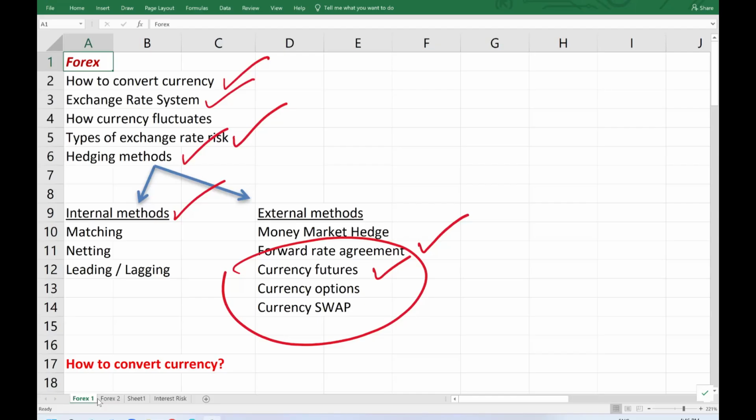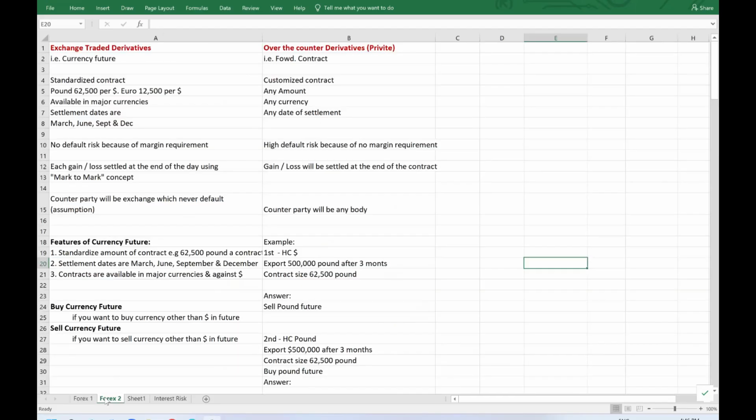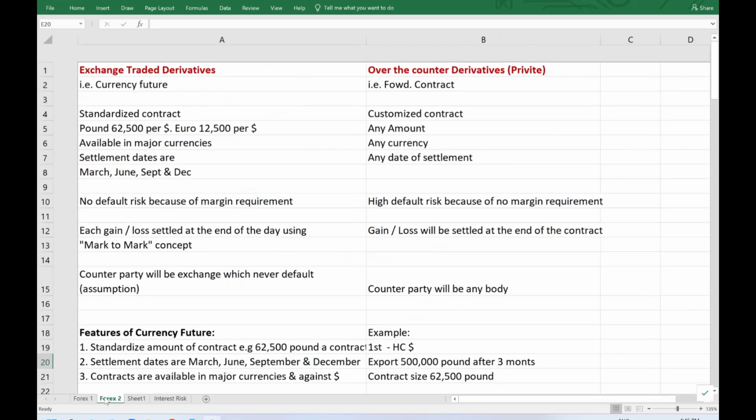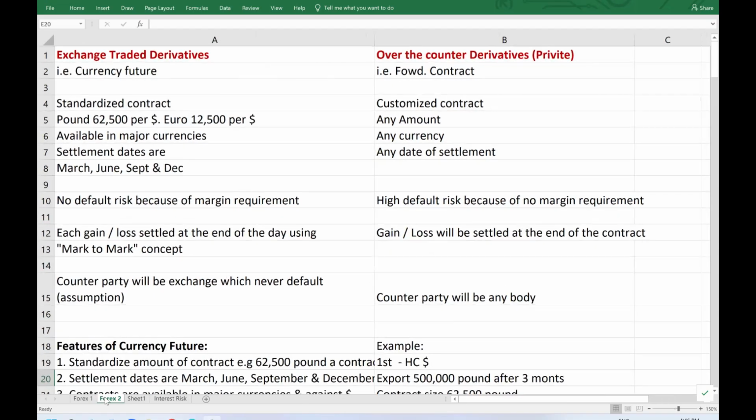So what is the main difference between these two things, currency future and the forward contract or forward rate agreement? One is a private contract, or we call it an over the counter contract, or a tailored contract. It's tailored to your requirement.